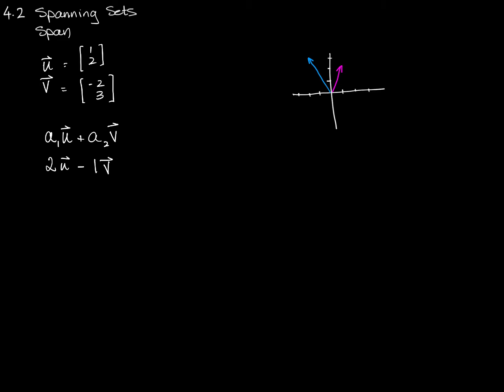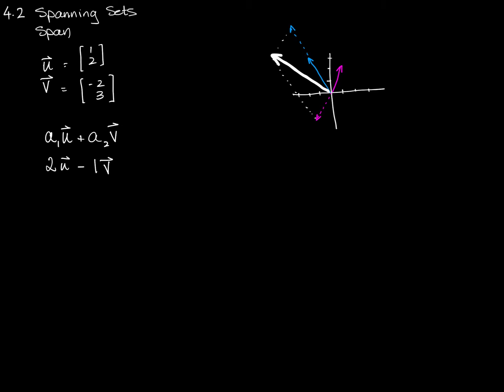So that's going to be something like this. And it flips v in the opposite direction. So I'm going to have v coming down here. And because I'm adding these two things together, my resulting vector is what I would get by closing off or completing the parallelogram. So that is going to be this vector here. Okay, so that's 2 times vector u minus 1 times vector v.